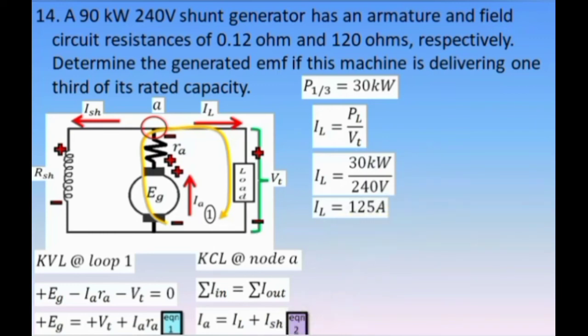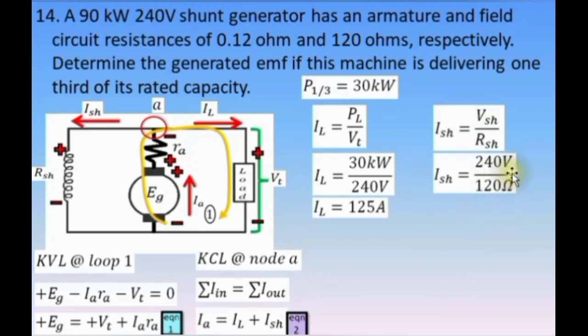Now let's determine shunt field current also. Analyzing this circuit using Ohm's law, we have ISH equals VSH over RSH. The shunt field voltage is equal to the terminal voltage, so we have 240 volts divided by 120 ohms. The answer is 2 amperes. Now that we have IL and ISH, let's substitute them to equation number 2.